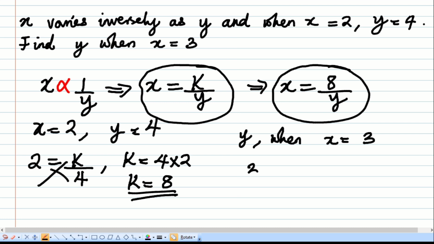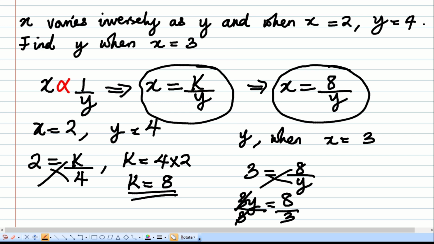So from there we now have 3 is equal to 8 over y. You cross multiply, we have that 3y is equal to what? 8. So we just divide both sides by the coefficient of y to get y. So you see that y is equal to 8 over 3. Or we can write it as a mixed number since it's an improper fraction. So 3 into 8 will be 2 because 3 times 2 is 6.